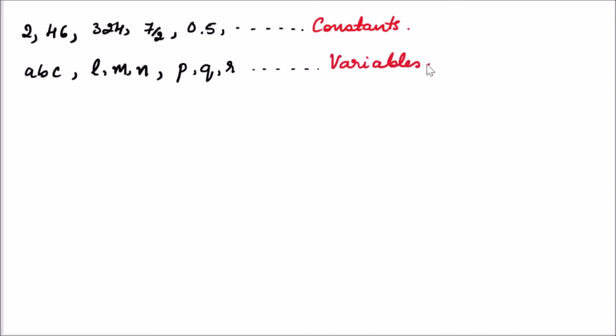Why? Because they change their value. A, B and C can take any values. In one problem the value of A may be 2, and in another problem the value of A may be 10. So they may change their values. That's the way they are called variables.